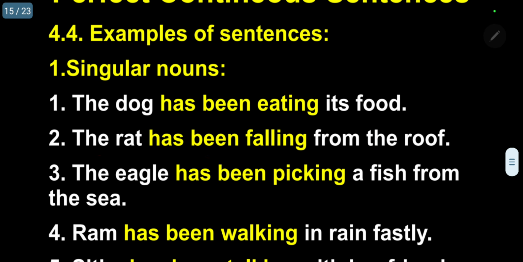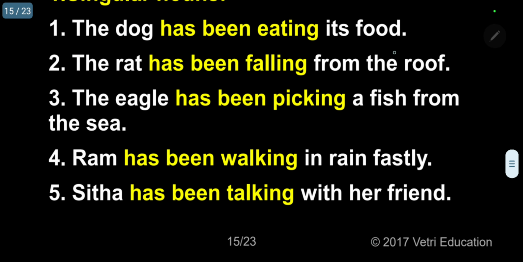Singular again. The next one. Ram has been walking in the rain fastly. Ram, singular noun. Singular verb has been is always present perfect continuous. Then walking. Walk, ing is added.